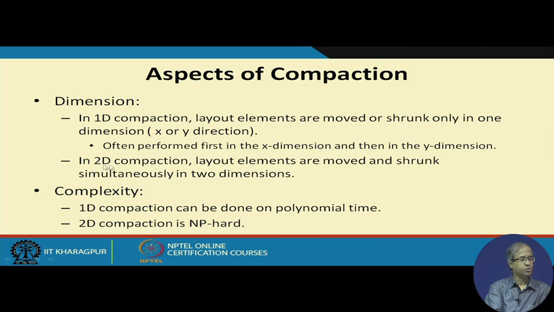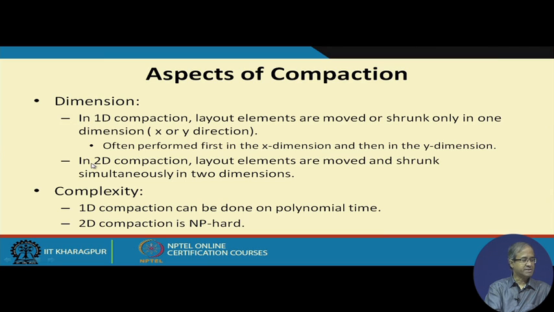This is the so called 2D compaction. So, if you move the elements simultaneously in some way in both the dimensions, this is called 2D compaction, which in general can result in better layouts, better compaction.